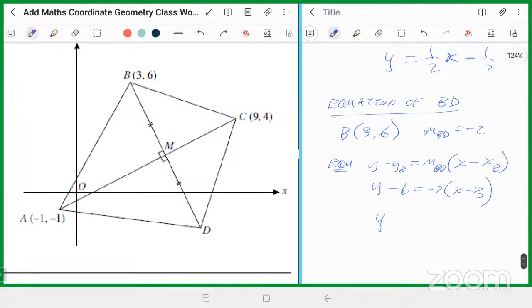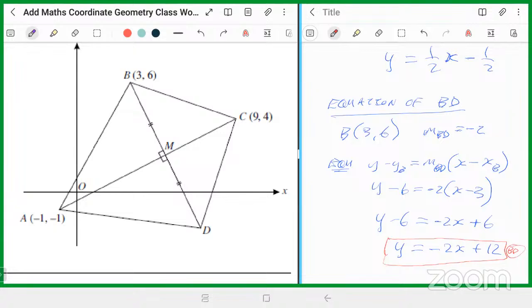So it's y minus 6 equals -2x, and -2 times -3 becomes +6. Negative times negative is positive. Then this -6 comes over, becomes another +6. So we get y equals -2x plus 12. That's the equation of BD.